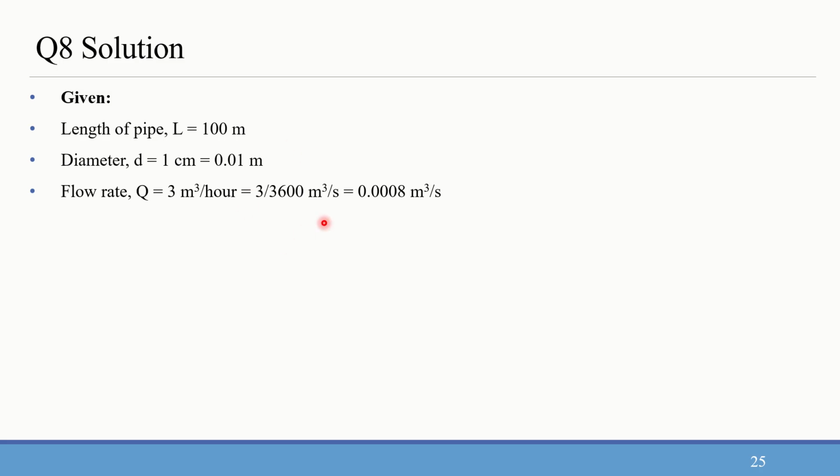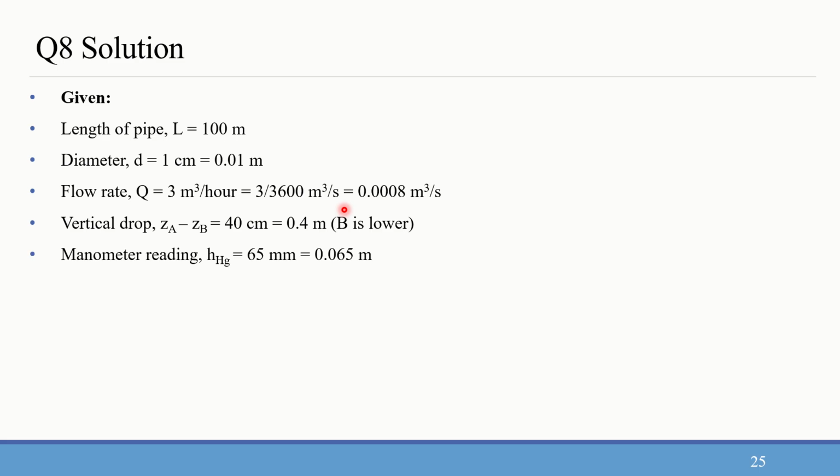If we convert into meter cube per second, it is 3 by 3600 meter cube per second, which is 8.33 into 10 power minus 4, or 0.0008 meter cube per second. And vertical drop, that is elevation height, ZA is higher than ZB. So it is 40 centimeter difference or 0.4 meters.